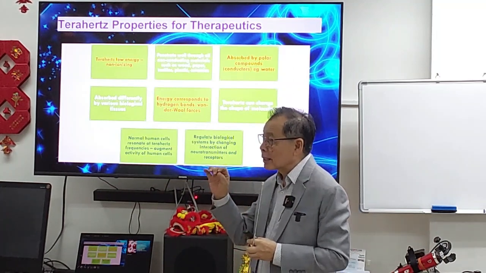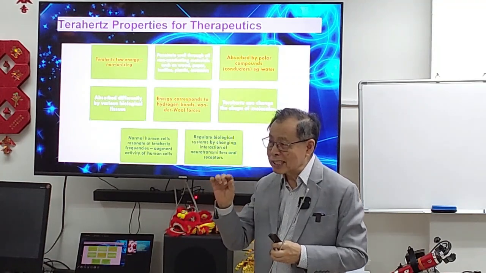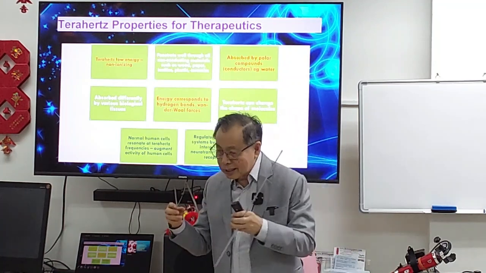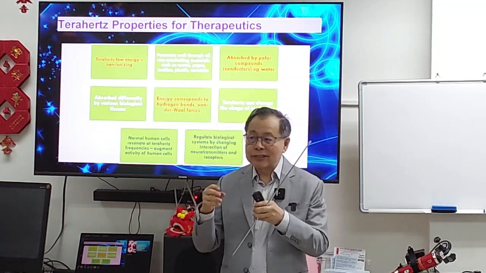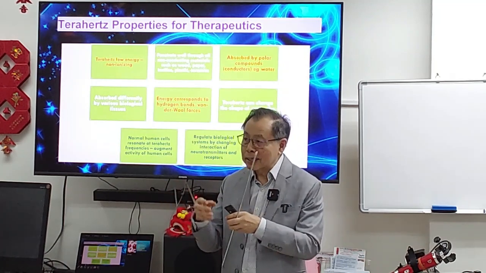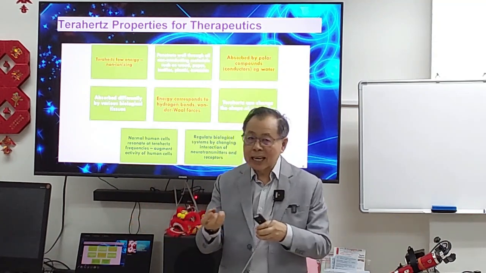If you know your chemistry, you would know that these kinds of forces are very minute, very tiny, but they hold molecules together. If you look at egg white, for instance, egg white is liquid. And when it's cooked, it becomes solid. What is the difference between the liquid form of egg white and the solid form?